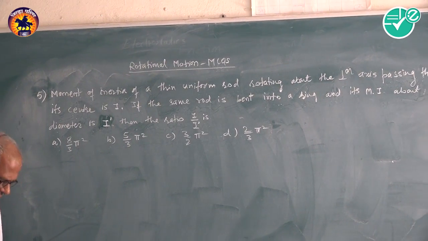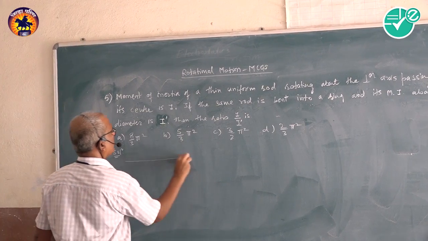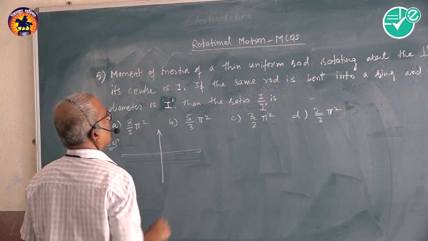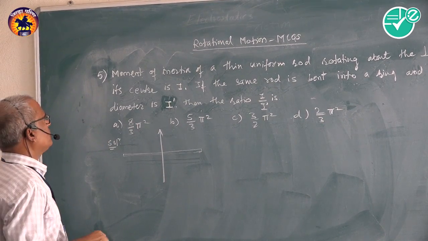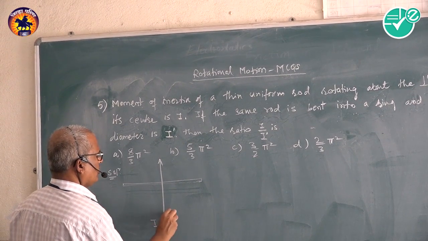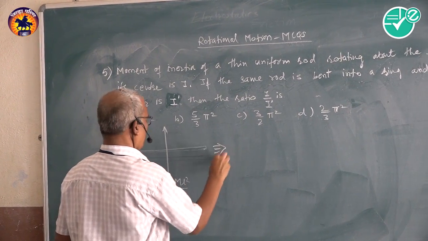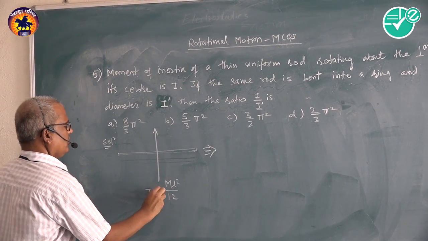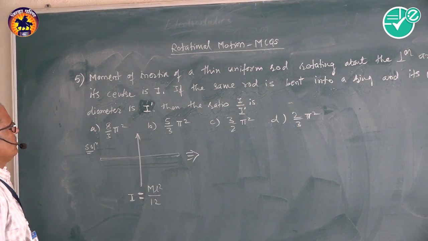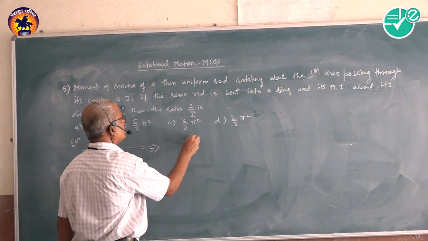Now consider initially the rod. Solution. Initially the rod. So this is the rod. Its moment of inertia about an axis passing through its center of mass, that is I is equal to ml square by 12. Now this rod changes into a ring like this.